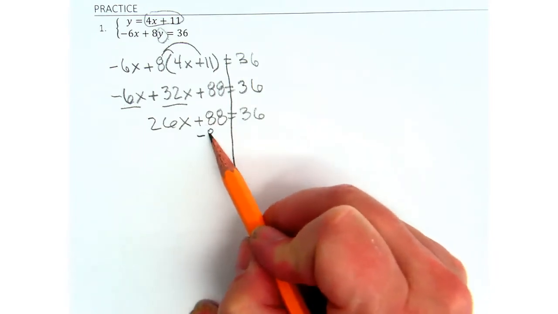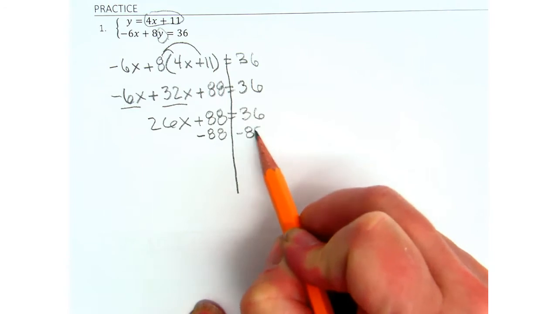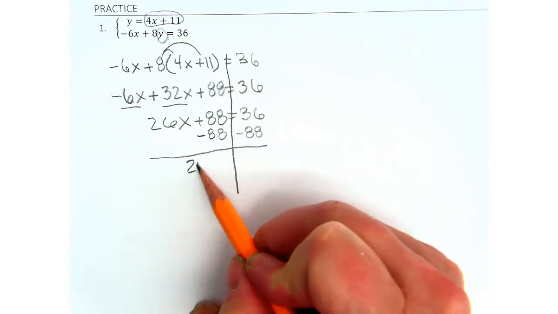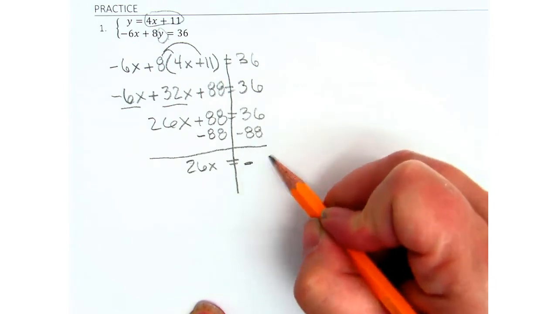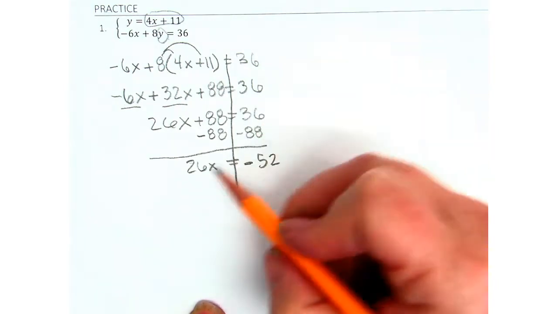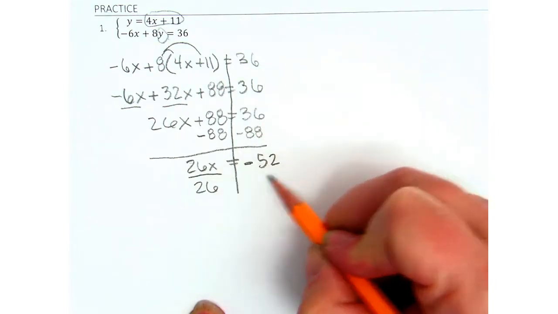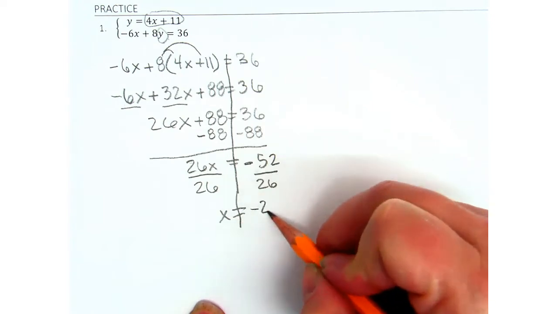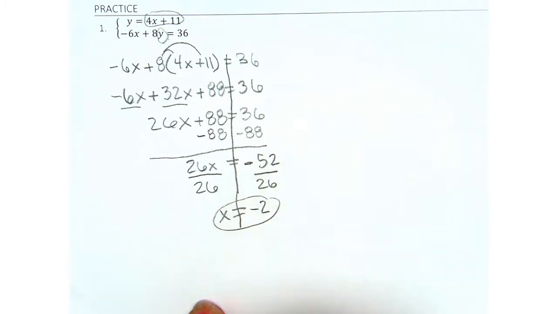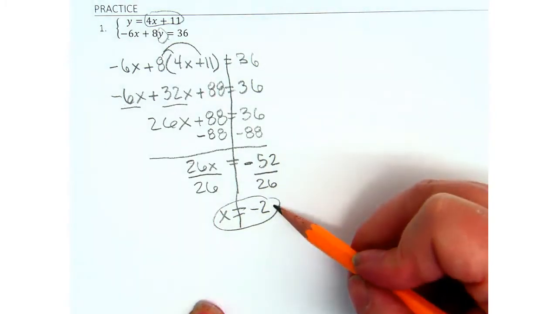Subtract 88 from both sides. Now divide both sides by 26. X equals -2. This is only half of the answer.